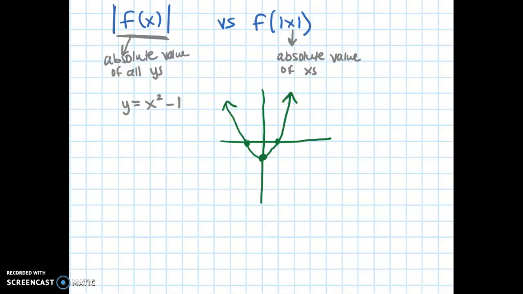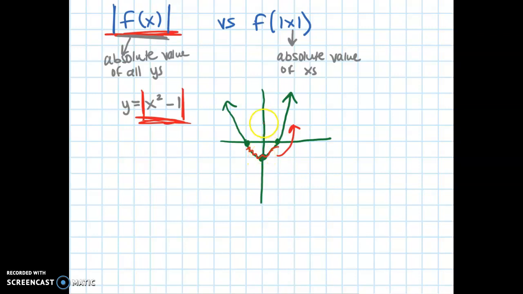So here's our graph. Now if I want to do the big absolute value of this graph, I draw on my absolute value bars here. This is basically saying that every single y value has to become positive. So anything on the bottom of this graph flips up to the top.